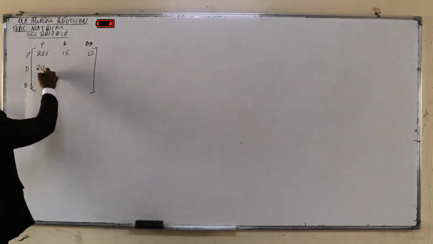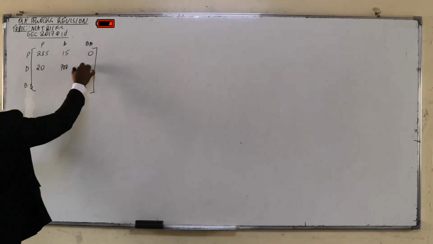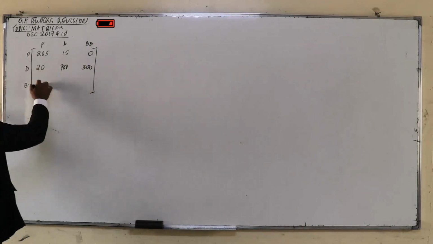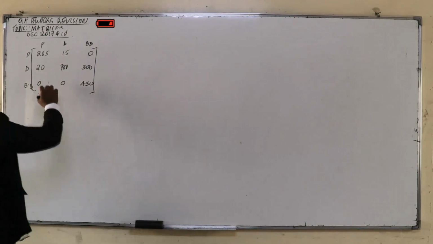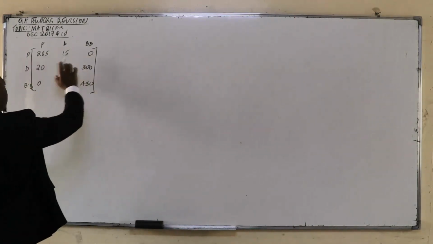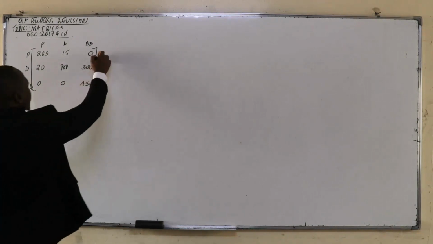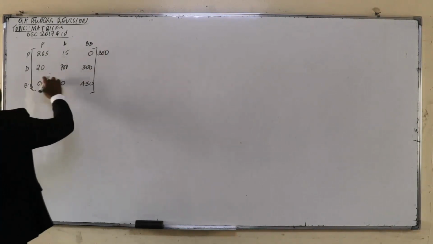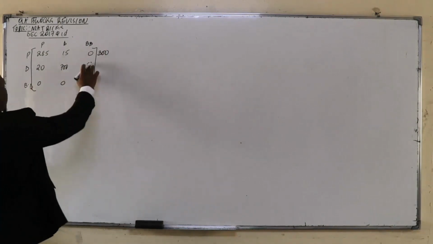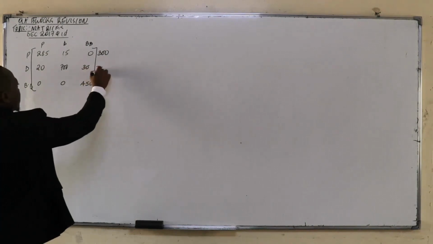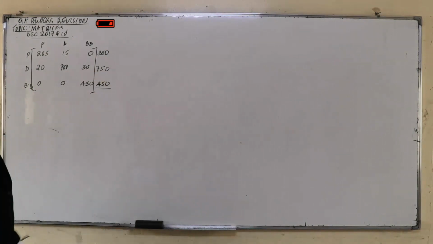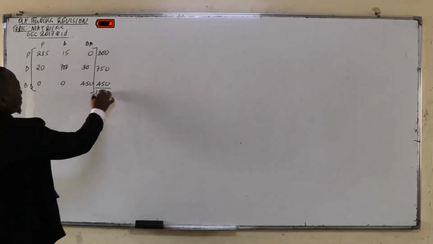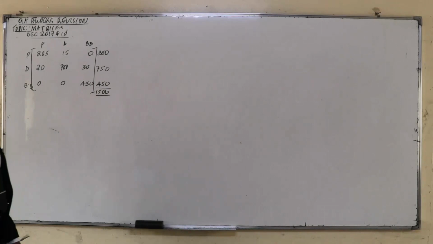Now you have 20, 700, 30, 0, 0, 450. Now let's get the total of paid: 285 plus 15, you get 300. This was 750, and this 450. How much is the total? 1,500. And that's what we are told, that we have 1.5 million customer accounts.